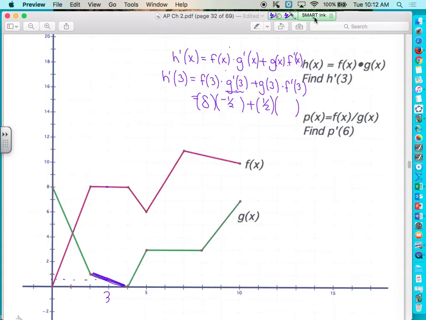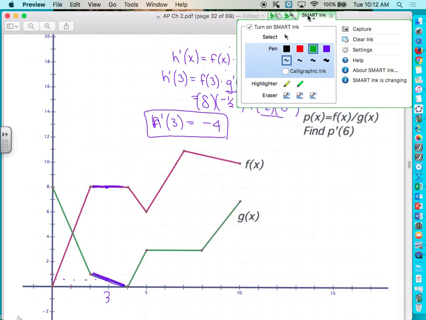So g prime or f prime, they're talking about the slope. If it's f or g, they're talking about the height. And then f prime of 3, that's up here, this slope is equal to 0. So what do I have? Negative 4, it looks like, for h prime of 3, because this is going to be 0. So that's the idea. You can do the same thing for p of x.